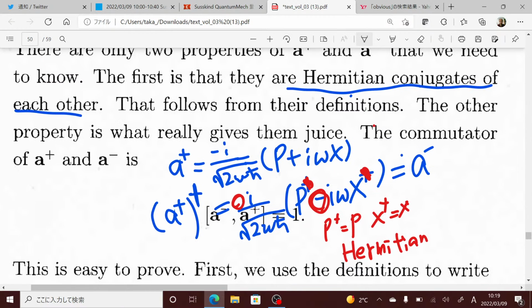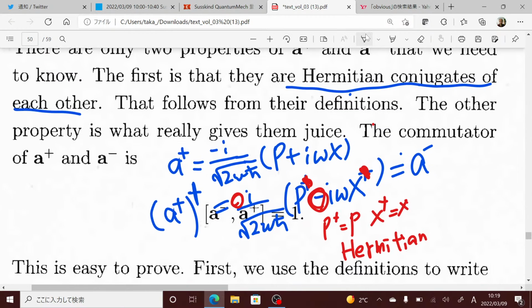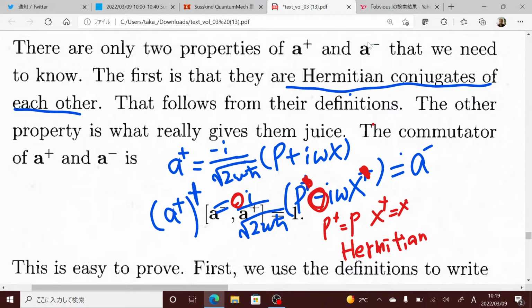Okay, this is the first property: they are Hermitian conjugates.